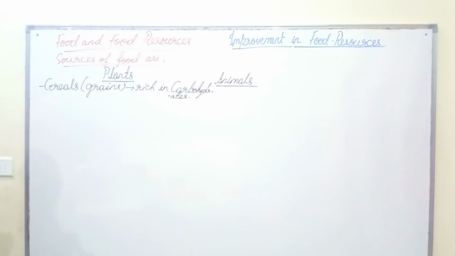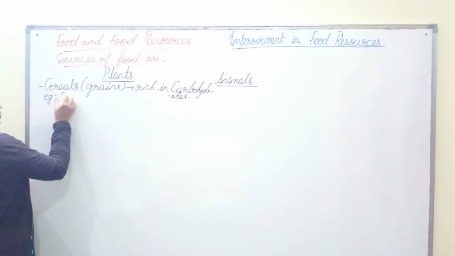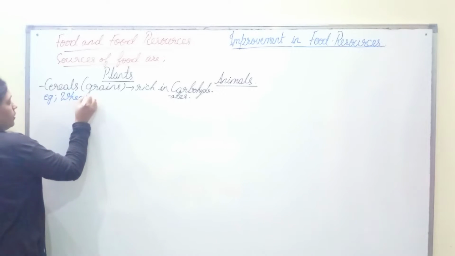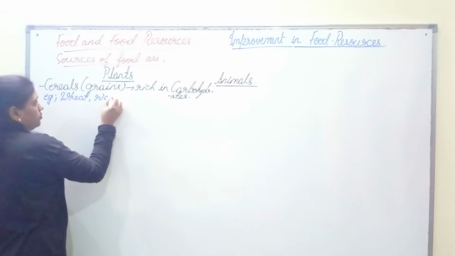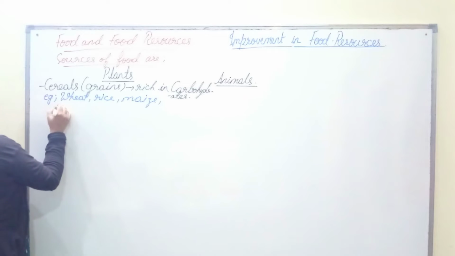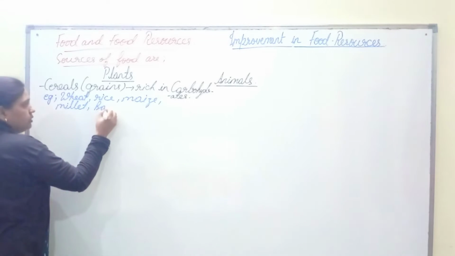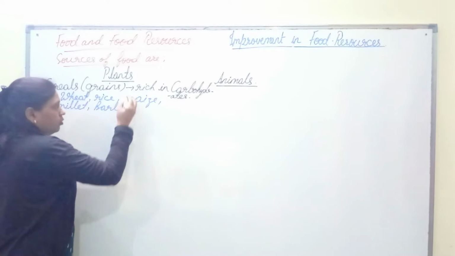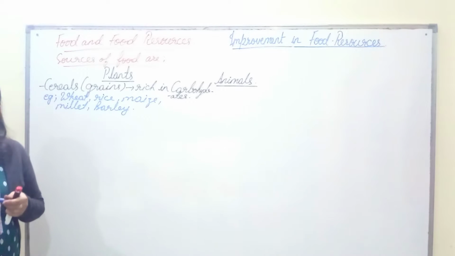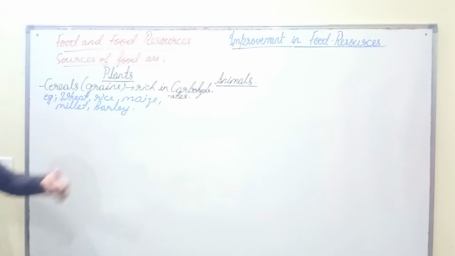And the examples of cereals are wheat, rice, maize, millet, barley, etc. All these grains are the examples of cereals that are rich in carbohydrates or starch.